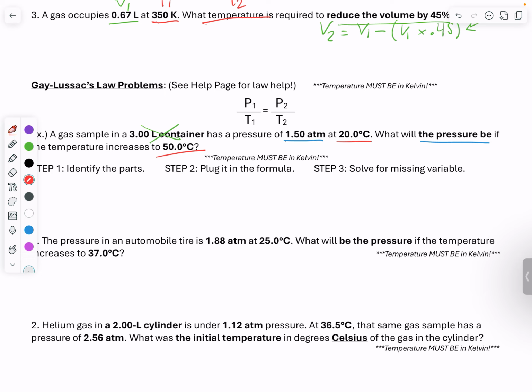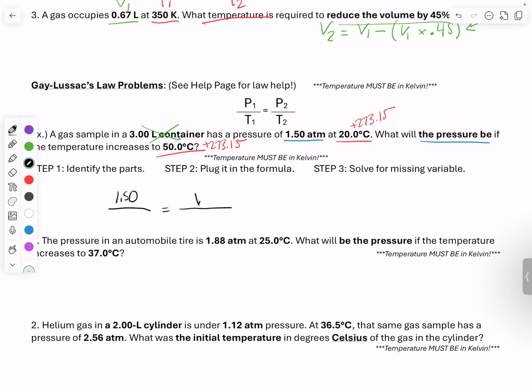All right. So the thing about temperatures, remember, we've got to add 273.15 to both of these. All right, so they're both getting 273.15, and yeah, that's all we need to know. So we're pretty good. All right, let's plug everything in. So we got two fractions equaling each other. I got P1 on top, so I got 1.50.